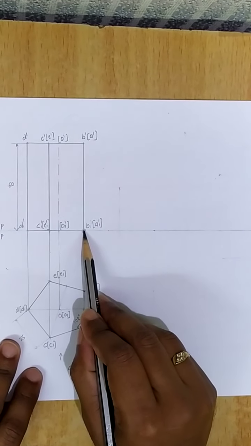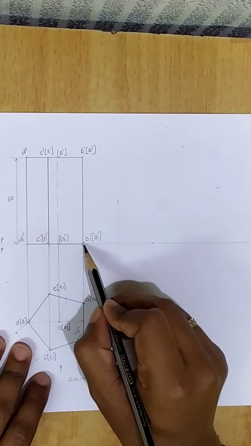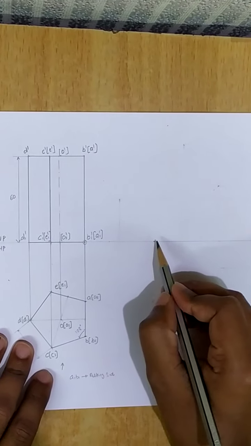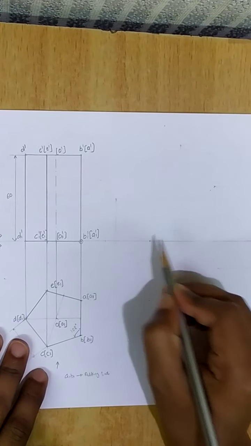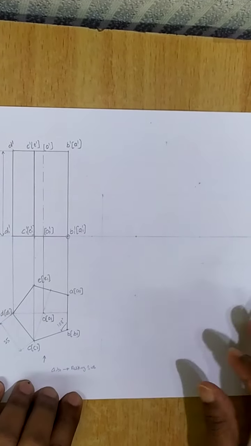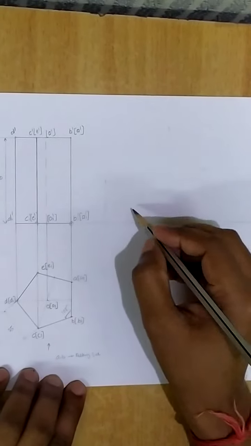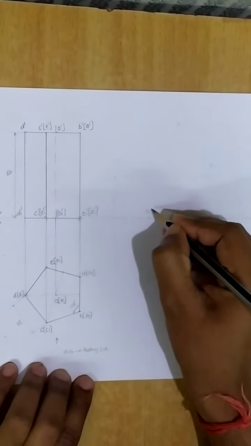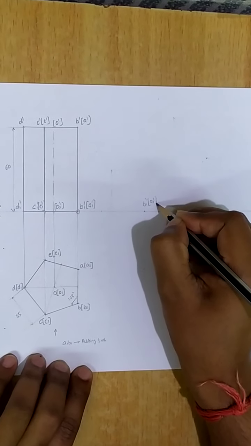This resting point should be there on the XY line always. Okay. So I'll choose this as my reference point. You should select that point very carefully so that you will have space at last to do the third position. This point I call my resting side, that is B1 dash of A1 dash.